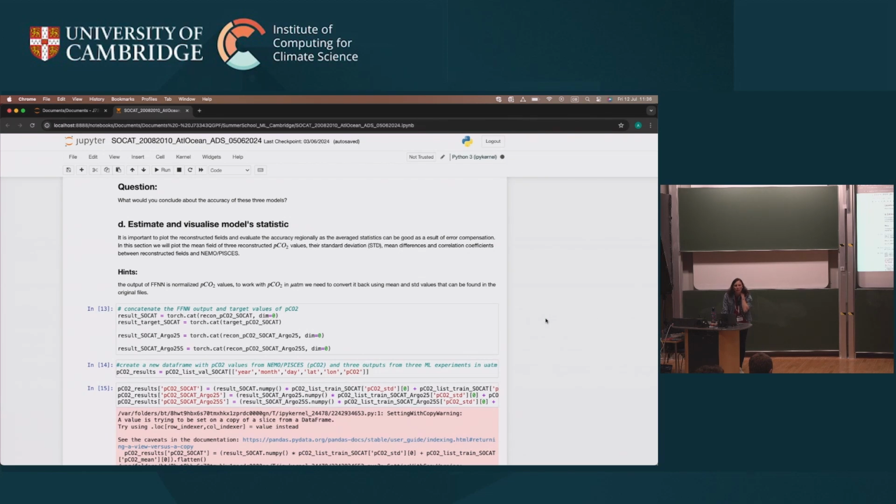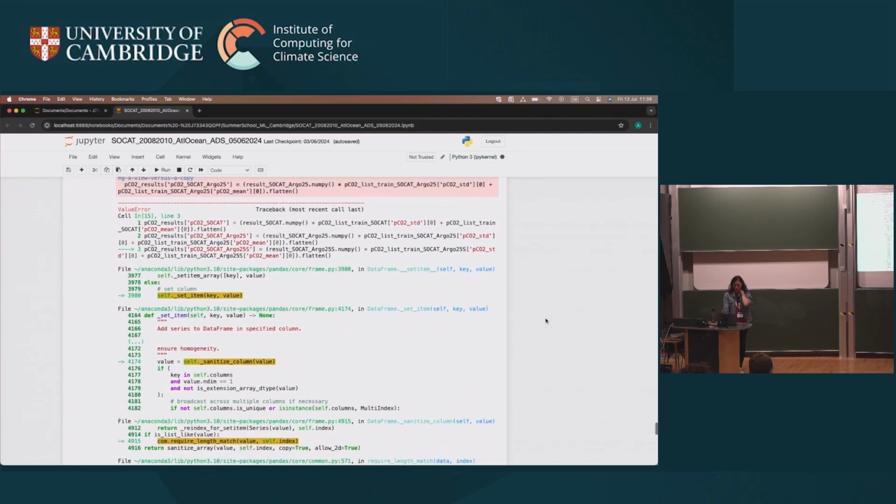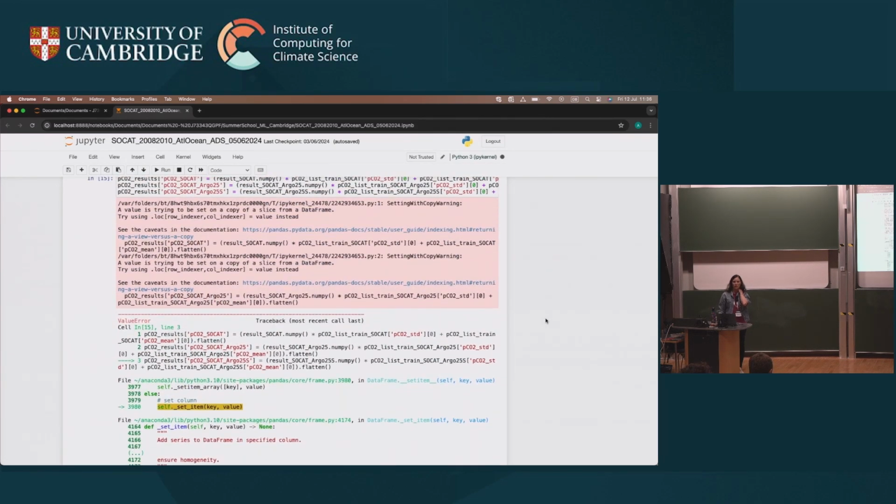Sorry? In reconstruction. So what, for example, the reconstruction with the first data set, yes.